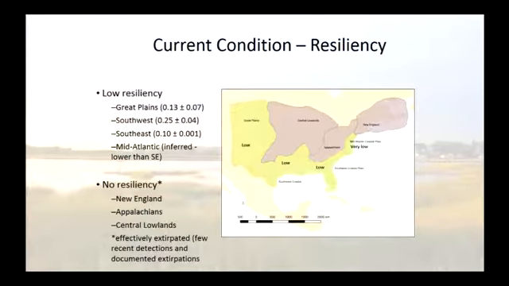And so we went ahead and did those occupancy analyses for the 4 regions that still have rails and have rail monitoring ongoing. So you probably noticed there were a couple of encounter points up here around Chicago. We don't know what's going on with those. There were 2 encounters with rails in 2011, the first time they'd been seen in Illinois in decades.